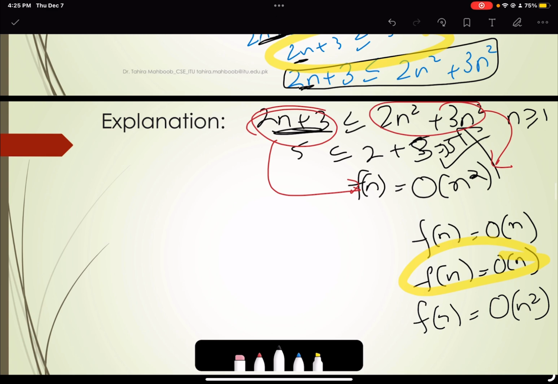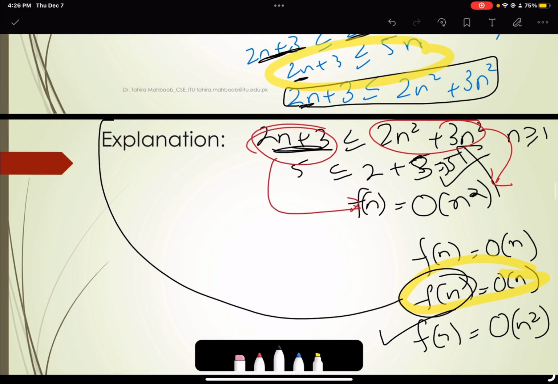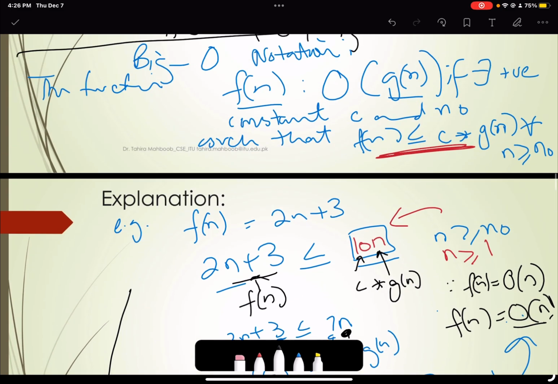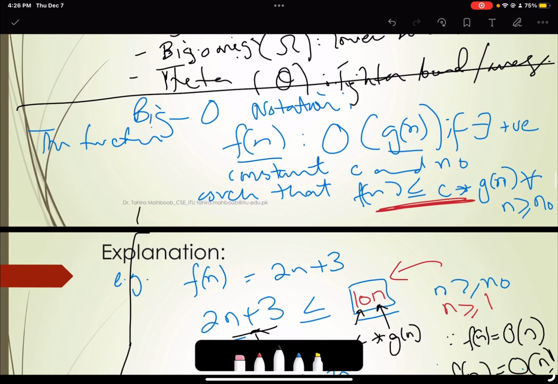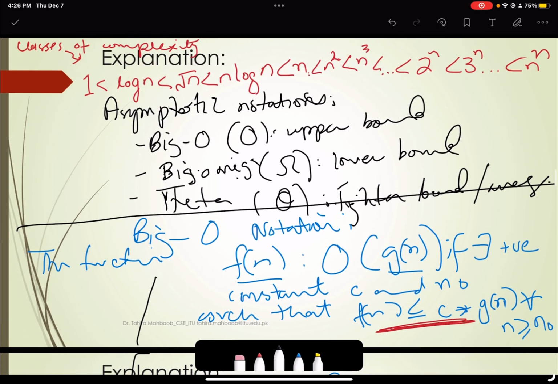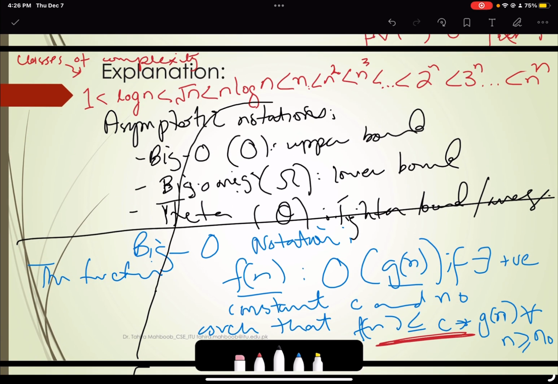Is it correct? Yes, it is also true. So f of n essentially belongs to which class? This class of algorithm.